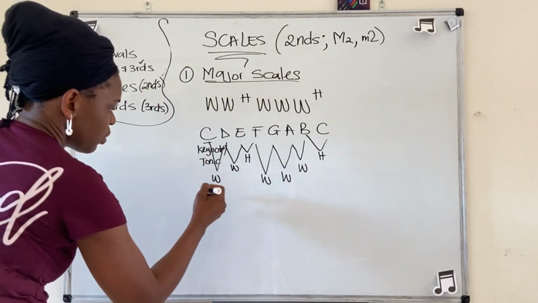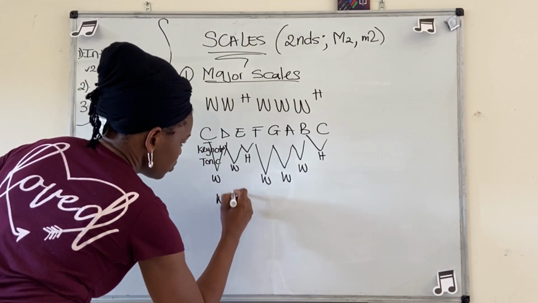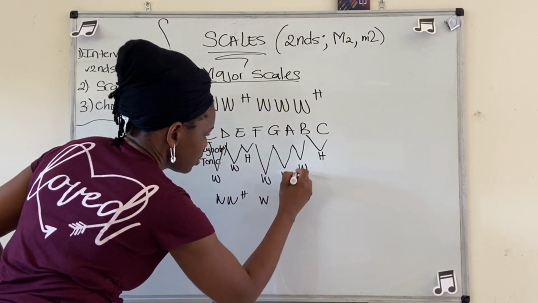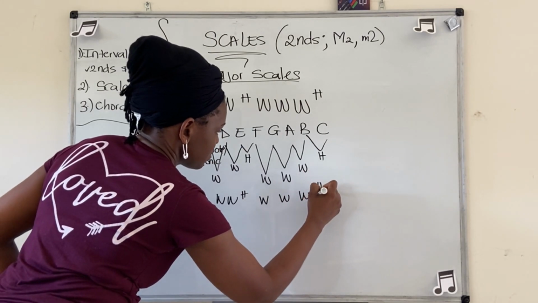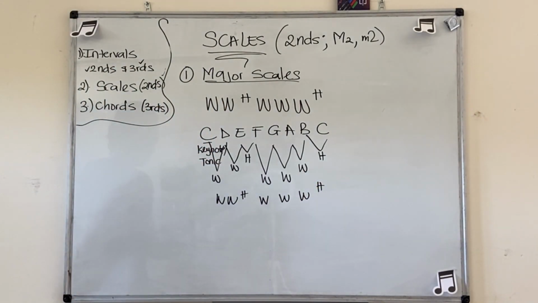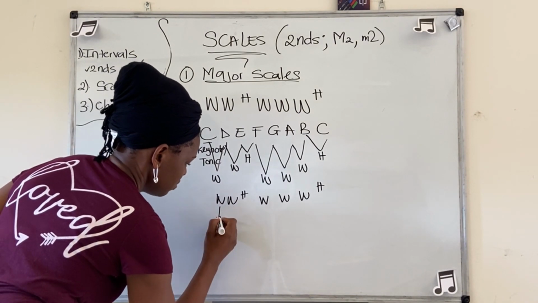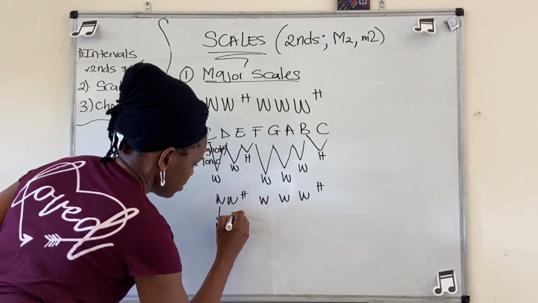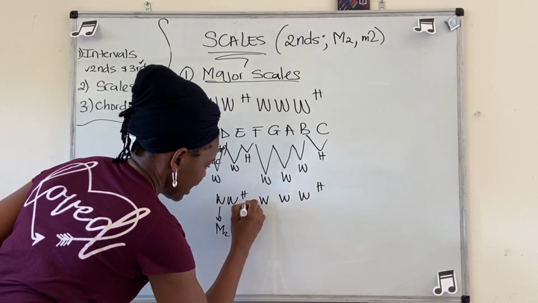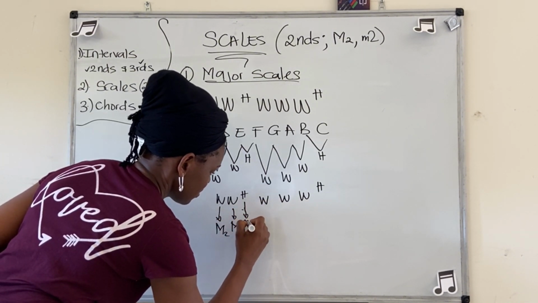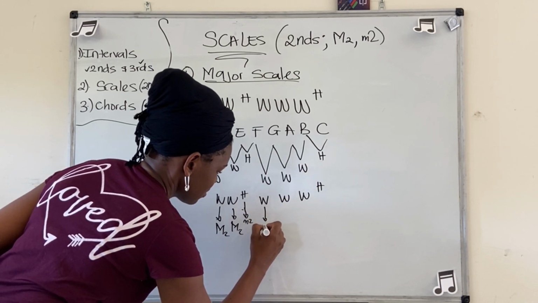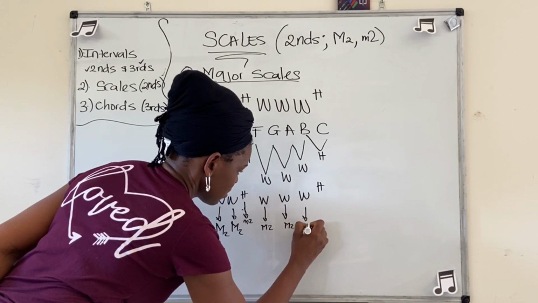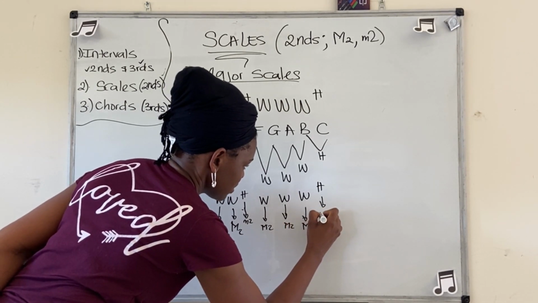So we see that our formula works. Whole note, half note, whole note, whole note, half note. And if we look at it, we will see that this is going to be our major second, minor second, major second, major second, major second, minor second.